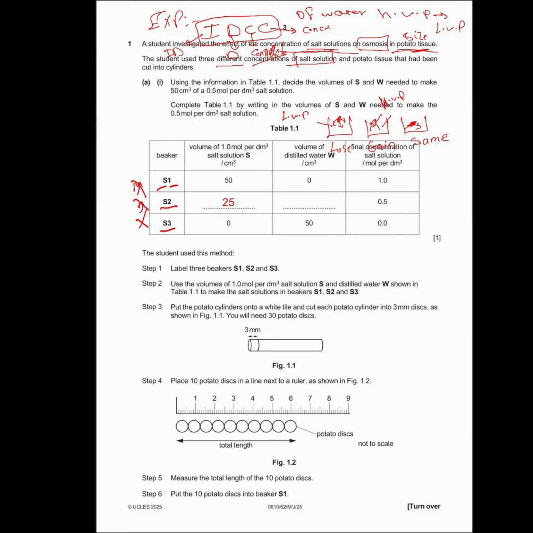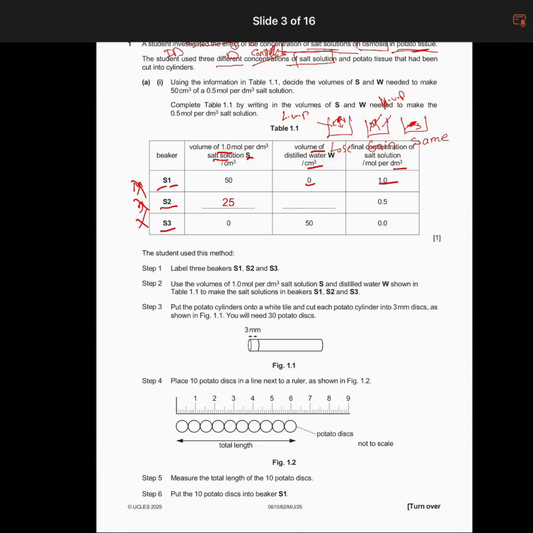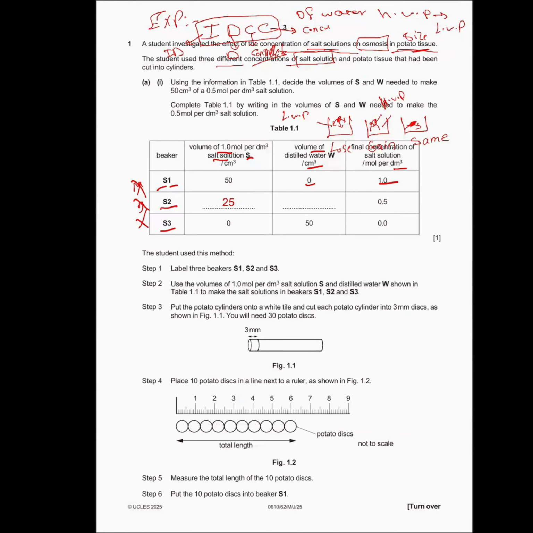Okay, in the first one, it was the volume of 1.0 mole per decimeter cube of salt solution. Here, the volume of distilled water was 0, and here the final concentration of salt solution per mole per decimeter cube is 1.